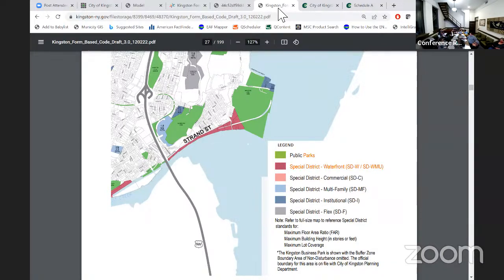I just see some of those parcels eventually becoming more residential, which flows out front, like Sorby's Creek, versus commercial. That's the waterfront development standards.